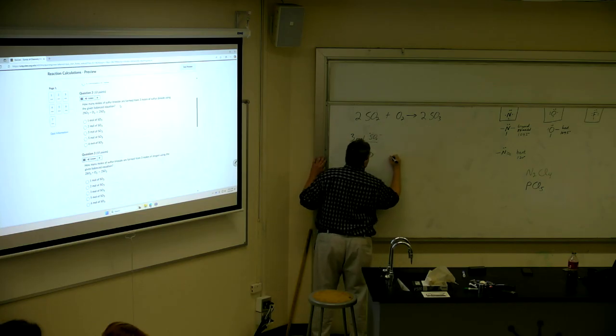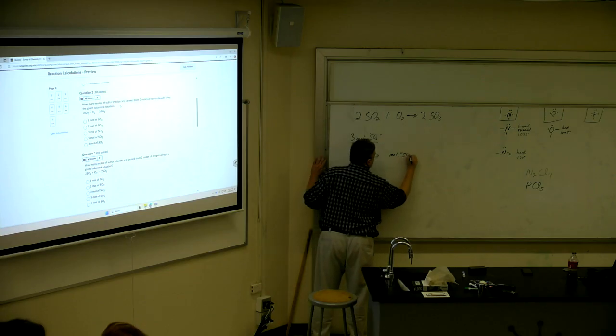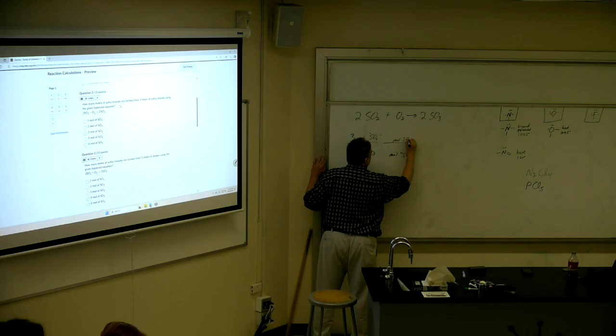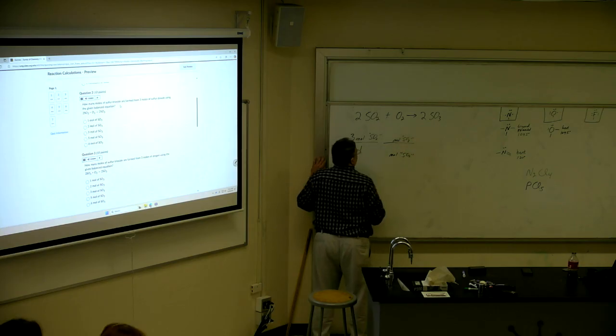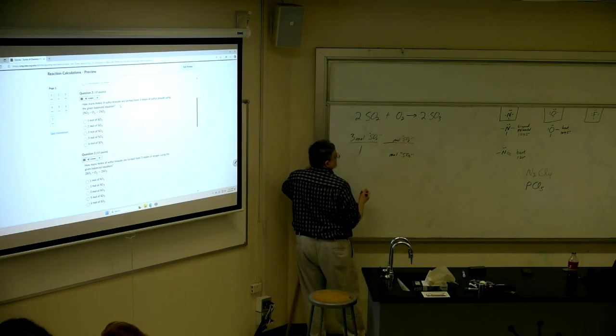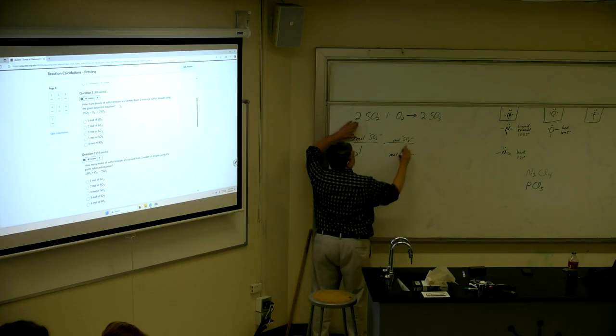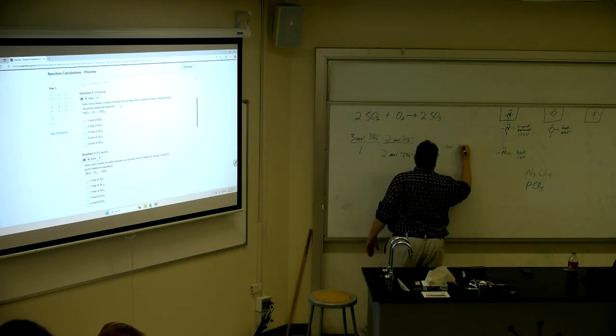So the molar relationship here between SO2 and SO3, I'm going to put moles of SO2 on bottom. In this case, it's really 1-to-1, but I would still put the numbers in.